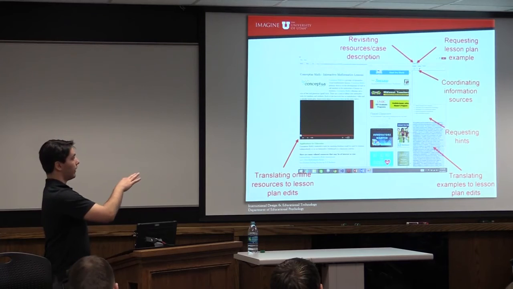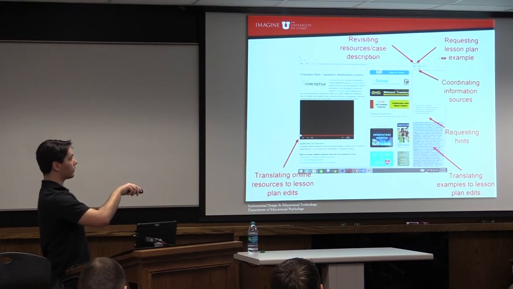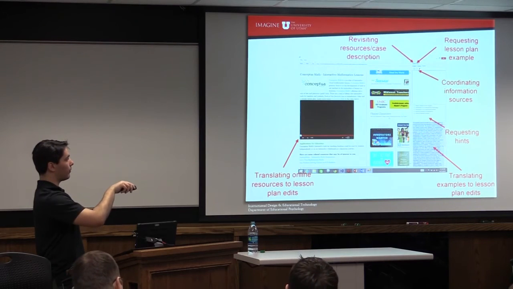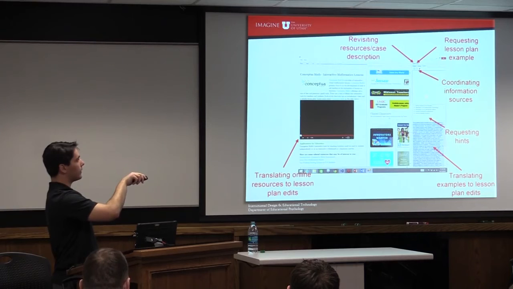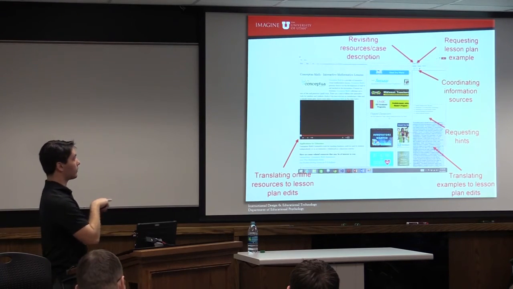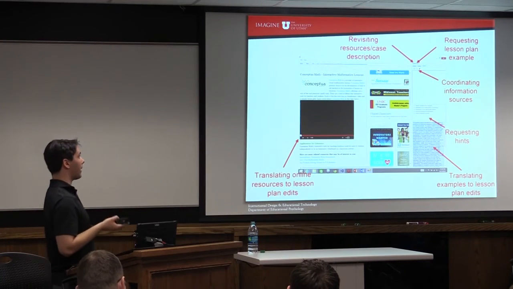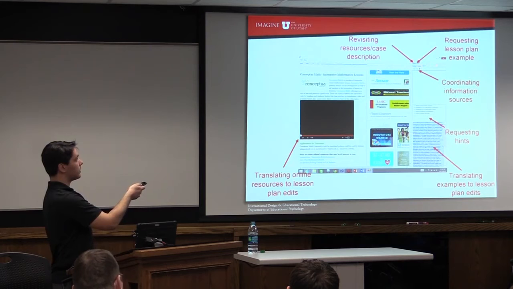Now, in using this interface, they can translate both the content of the online resources and the previous examples of other lesson plans that were written by other learners to edit their own lesson plan here using this text box. In doing so, they can revisit online resources that they've rated in the past, as well as the case description, by clicking on some of these menu options here.